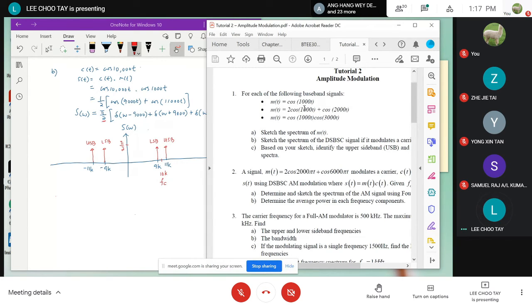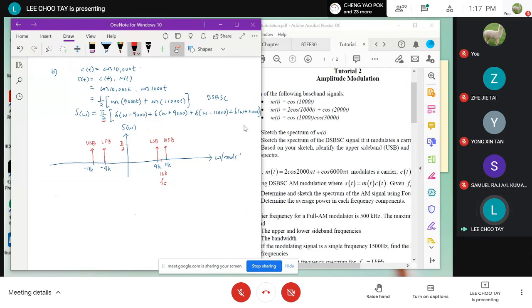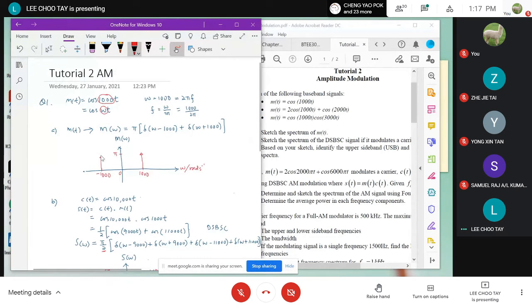The first cosine is very similar to the first baseband signal, except that the magnitude now is 2. So your spectrum is going to look exactly like this, but now instead of pi, it becomes 2 pi.